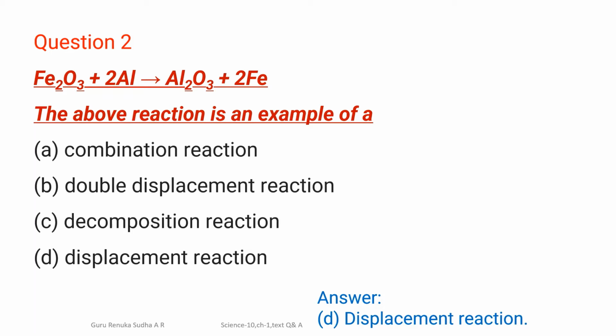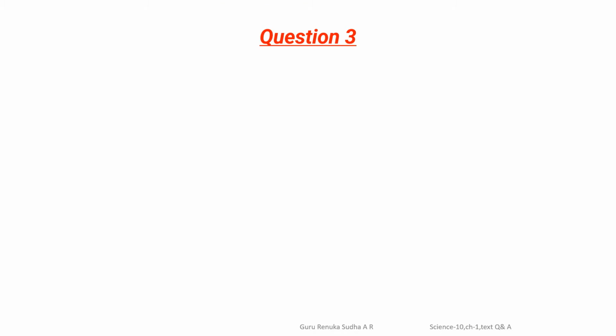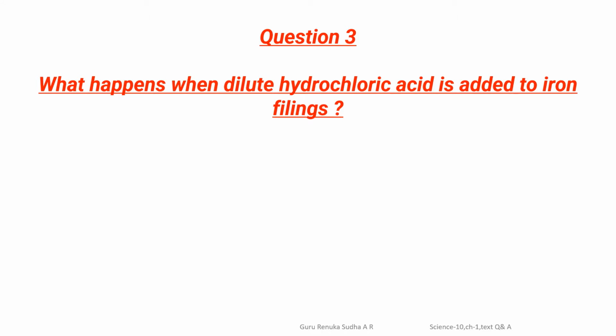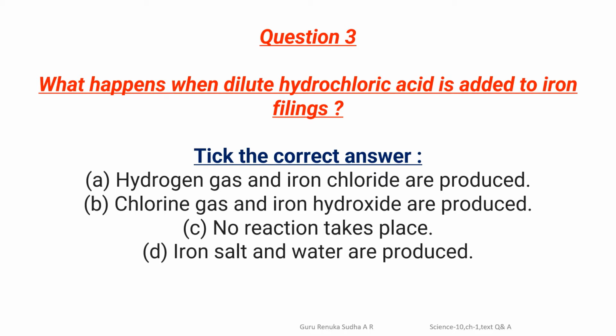Question number 3. What happens when dilute HCl, hydrochloric acid, is added to iron filings? You have to choose the correct answer from the given statements. First statement: hydrogen gas and iron chloride are produced when dilute HCl reacts with the iron. Is it possible? You have to think.